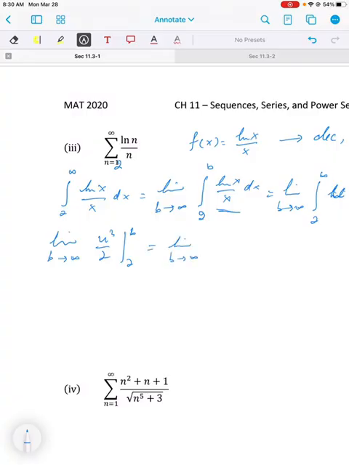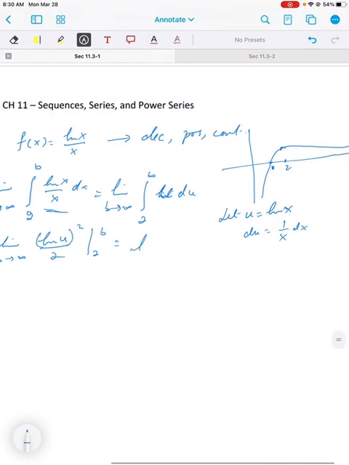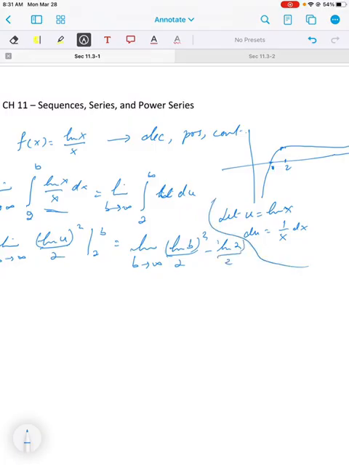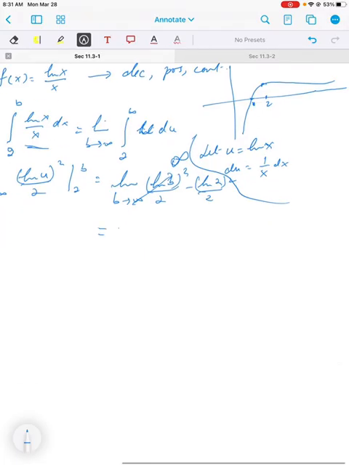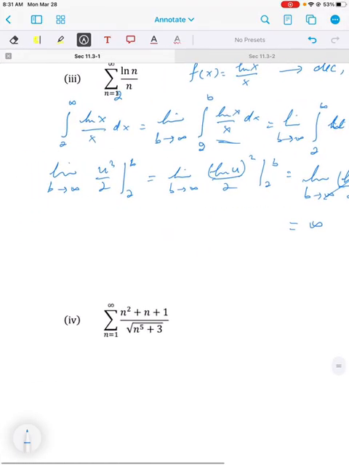Plug in, so ln of b whole square over 2 minus ln of 2 whole square over 2. But the first quantity is going to go to infinity, so the whole thing is going to go to infinity.